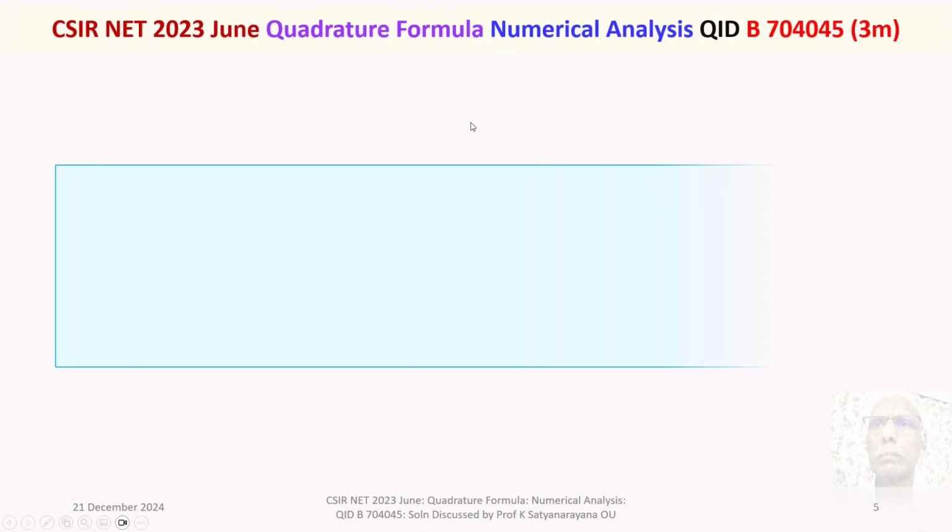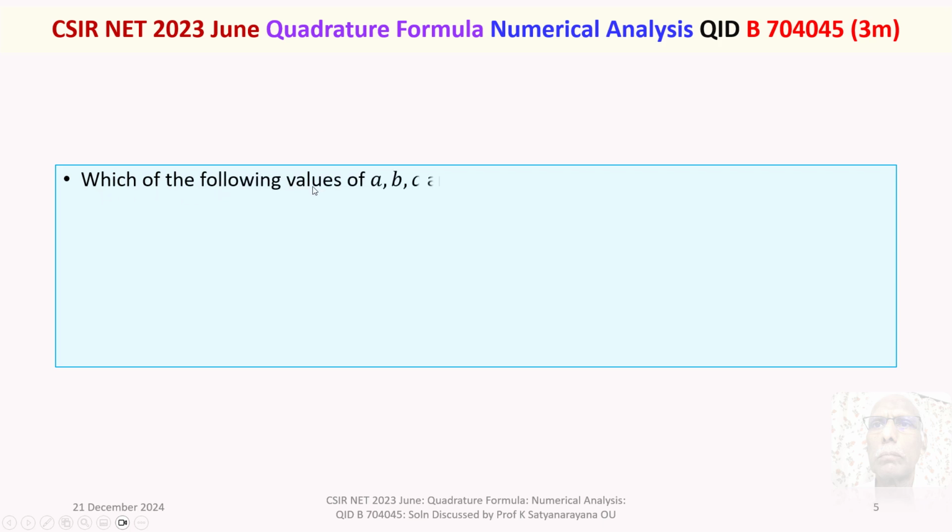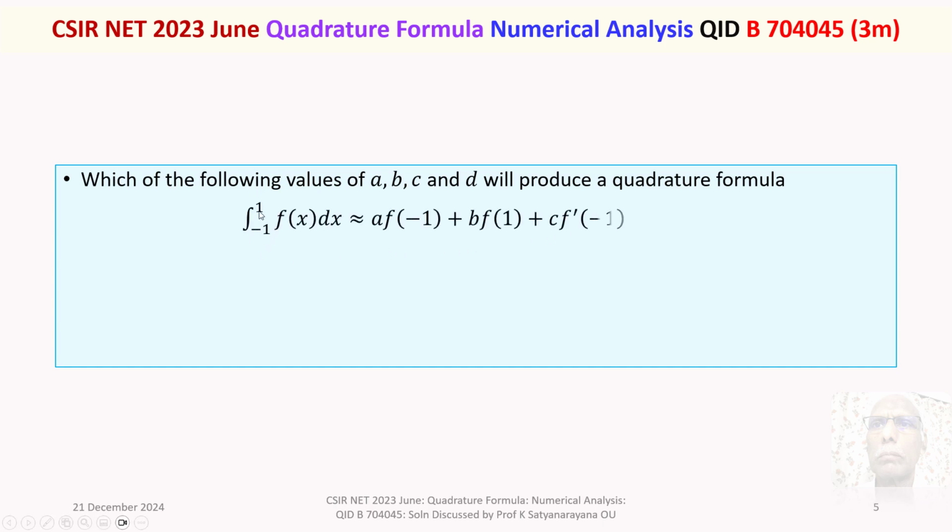The given question is: which of the following values of a, b, c and d will produce a quadrature formula, integral from -1 to +1 of f(x) dx approximately equal to a times f(-1) plus b times f(1) plus c times f'(-1) plus d times f'(1), that has degree of precision 3.